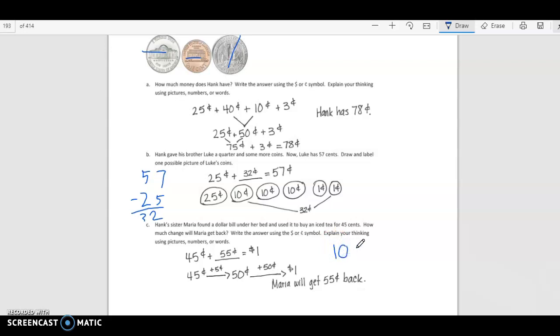So we have 100 cents, and we subtract how much the iced tea cost, which was 45 cents. And our answer, we would have to borrow a few times because we have zeros on the top. And our answer would have been 55. And then you answer in a complete sentence. Maria will get 55 cents back for her change.